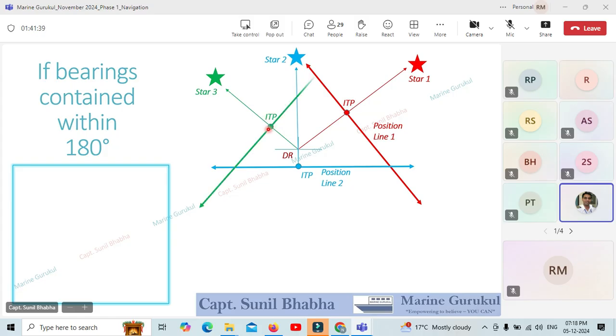Passing from the ITP is our PL and it is perpendicular to the azimuth. So we have all the 3 position lines now in our plot. Red, blue and green position lines. And these position lines are not intersecting at a single point, but instead making a cocked hat, making a triangle. And we have the cocked hat now in our plot.